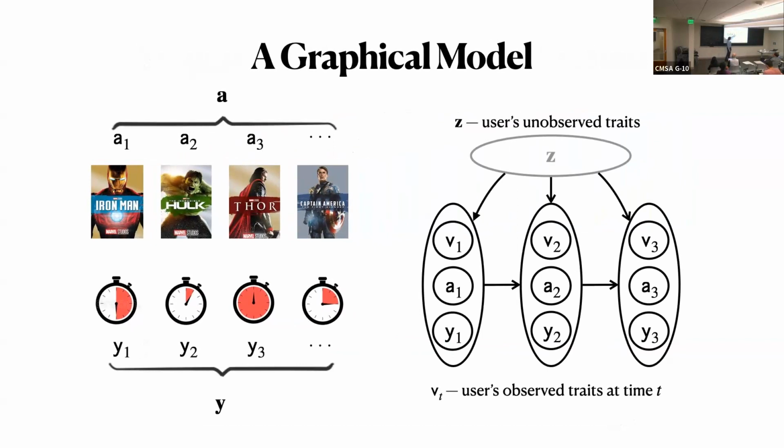And of course, there are some user characteristics and maybe some characteristics associated with the system. All of those unknown things are hidden into this common Z, which could be very high dimensional. And that is impacting what you see each time. There is a sequential dependence, and maybe there are covariates associated with each of the time steps that are observed.